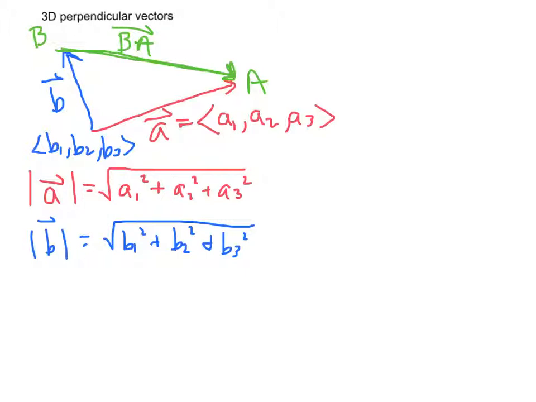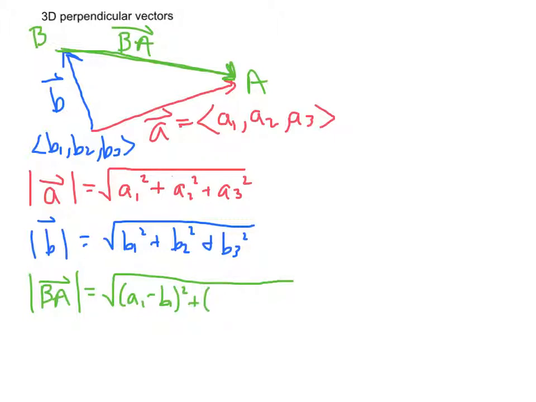And then we're going to look at the hypotenuse, this green vector here, and we want to find the magnitude of that vector. Very similar to in 2 dimensions, for the magnitude of BA, we're going to find the x distance, which will be A1 minus B1, and we're going to square that.